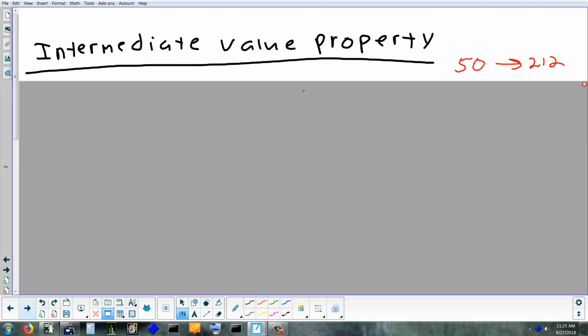Well, think about it: the temperature at one point could be 50.0001, 50.0002, 50.0003. Infinite, I guess. Infinite, right? It goes through all of them, because this is what we call a continuous process. You're starting at a value, you're ending at a value, you have to go through every single value that's intermediate. You can't skip one when you're boiling water.